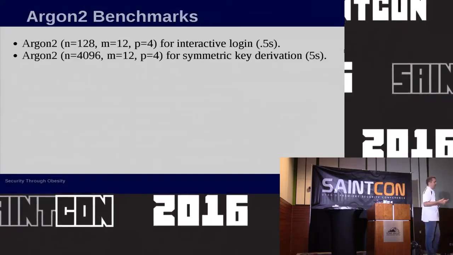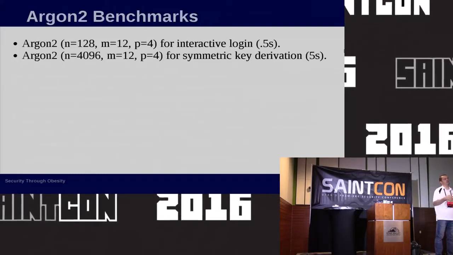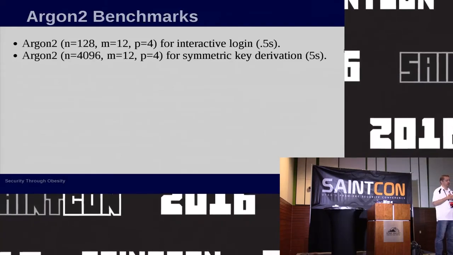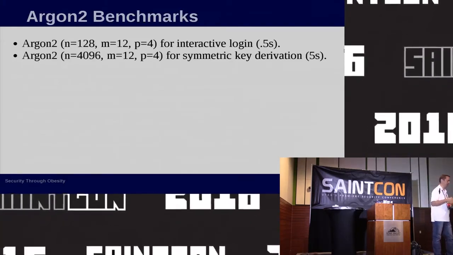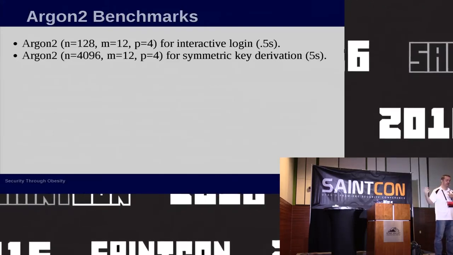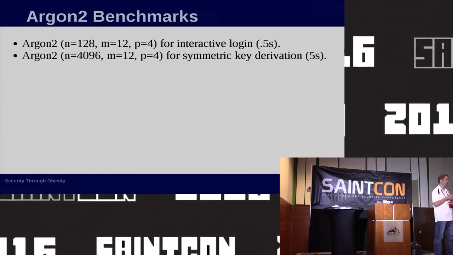Hashcat does not have Argon 2D, Argon 2 at all in any algorithms in the project. So I don't have any benchmarks to give you, unfortunately. At least not comparable with the 8 GPU cluster that we had. But this is what I was tweaking around with on my laptop.